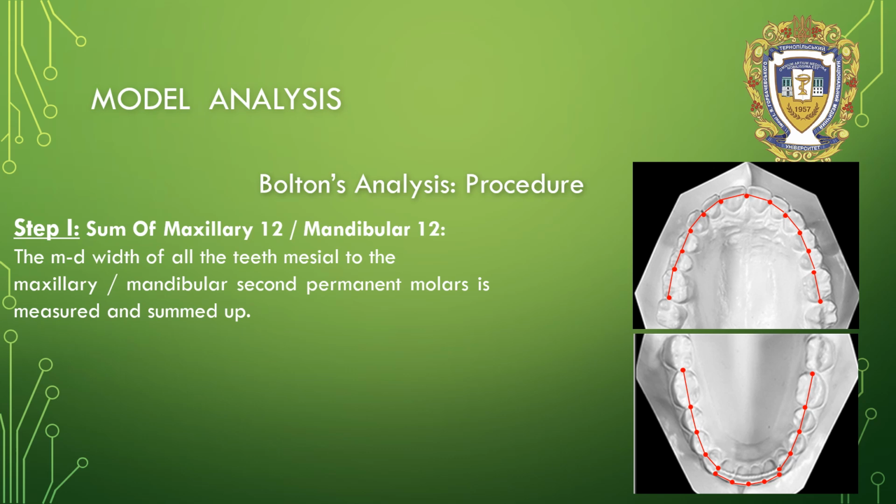Procedure of Bolton's analysis. First step. We need to calculate the sum of the maxillary 12 and mandibular 12 teeth from the distal surface of the first molar on one side to the same area on the opposite side, and measure and sum it up.